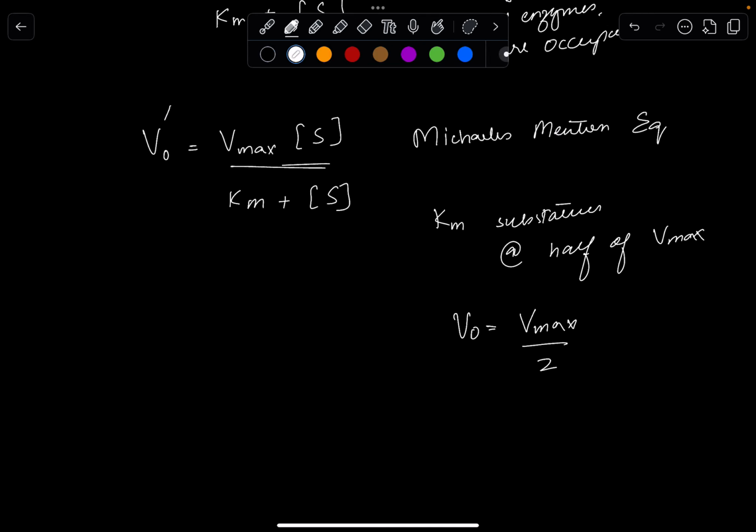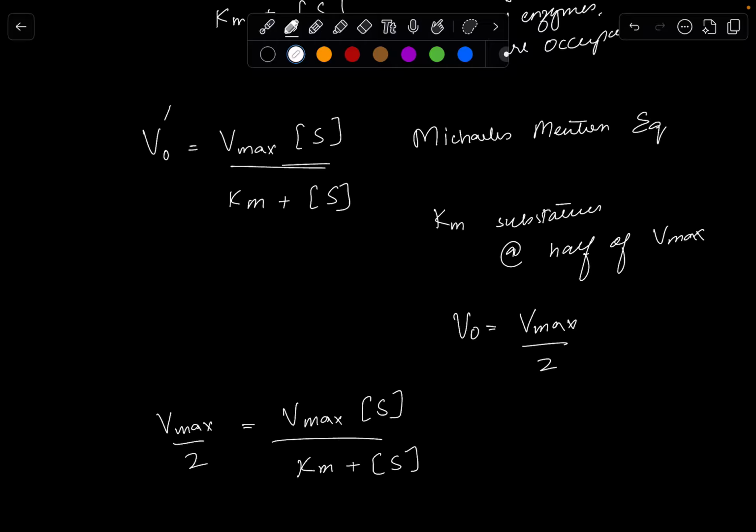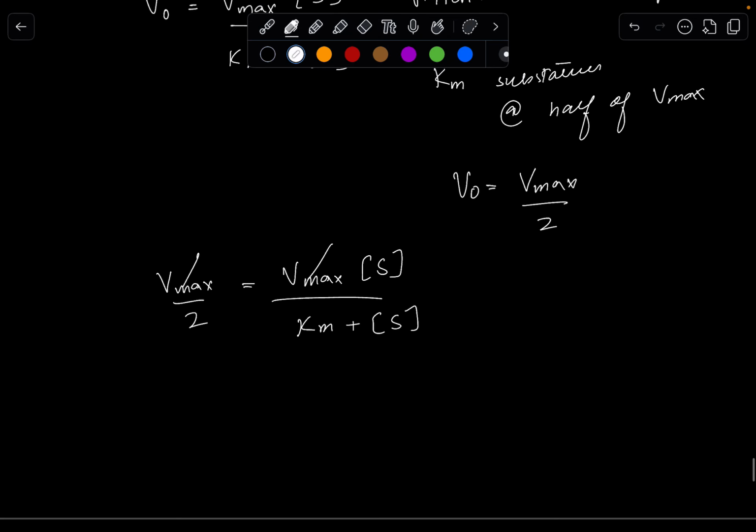We'll do Vmax over 2 equals Vmax S over Km plus S. Vmax cancels out. Km plus S equals 2S.